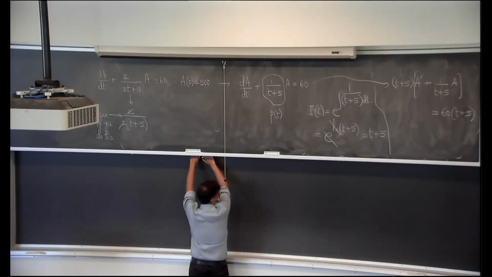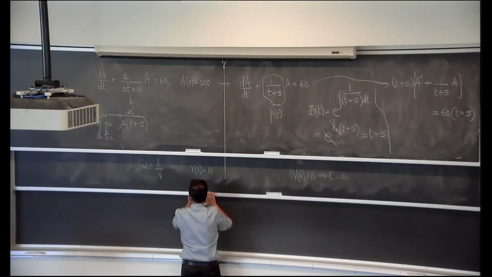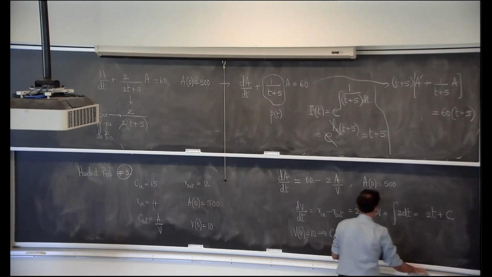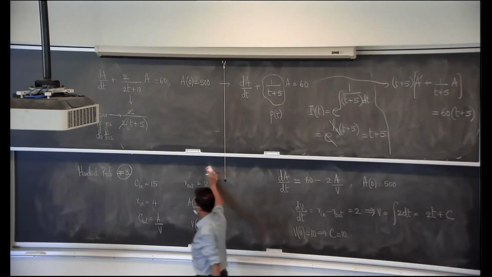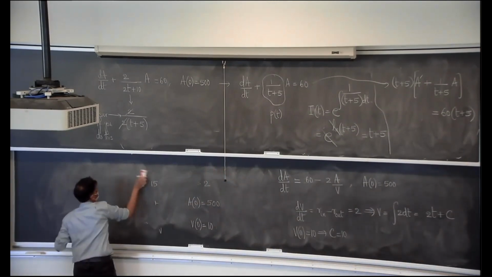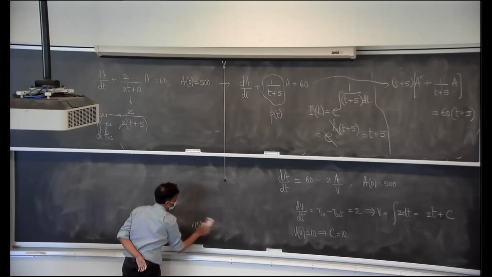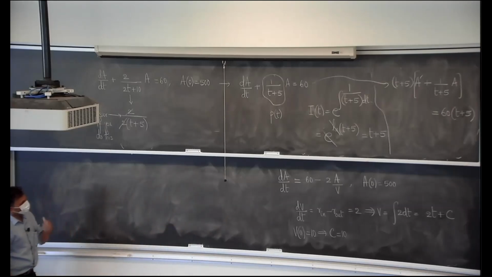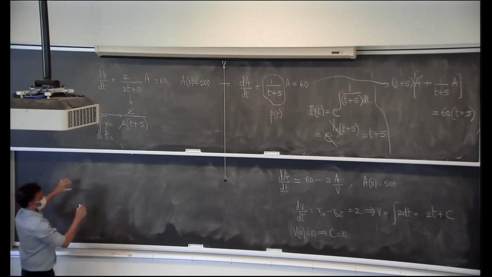All right, so the left-hand side becomes t plus 5 times A prime.